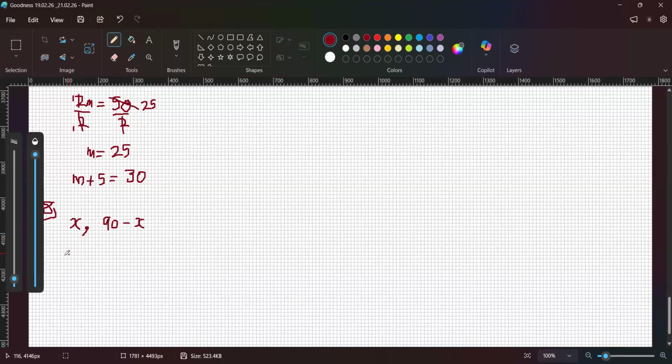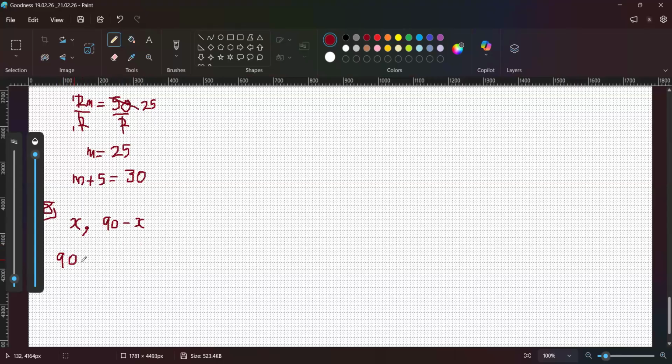So x and 90 minus x are our two angles. They now told us that their difference is 12. So look at what we're going to do. Let's assume that 90 minus x is the bigger one.